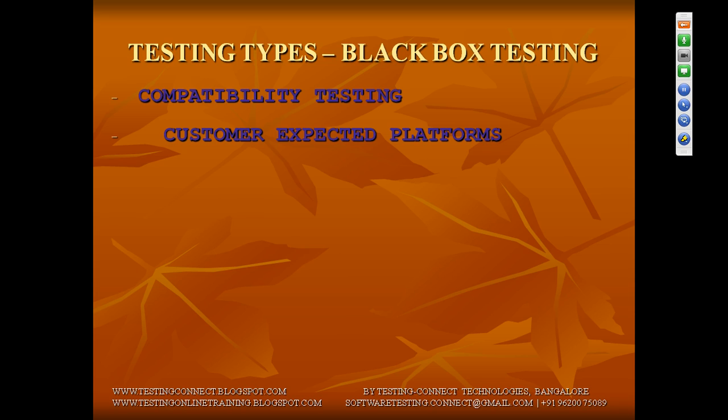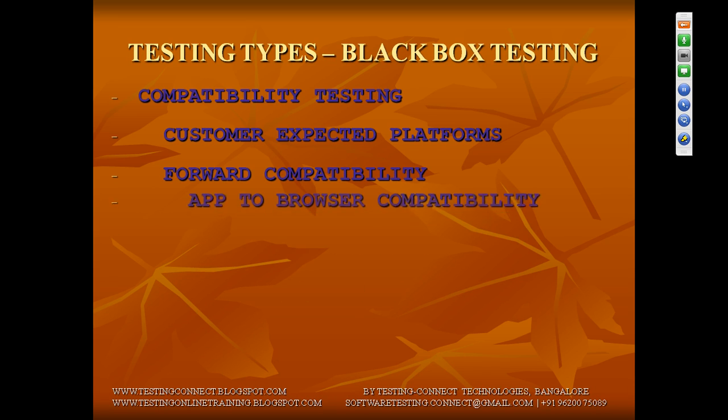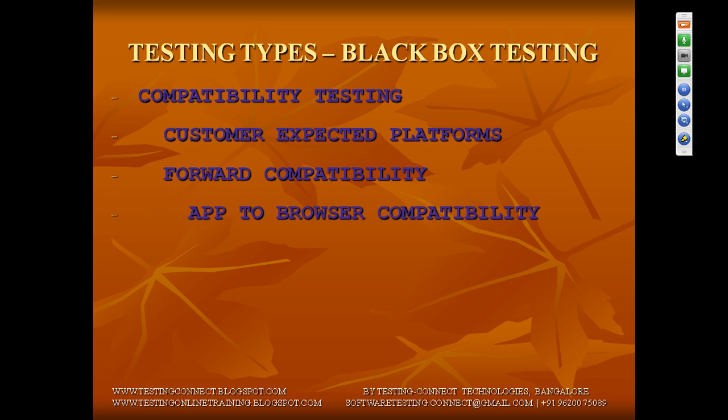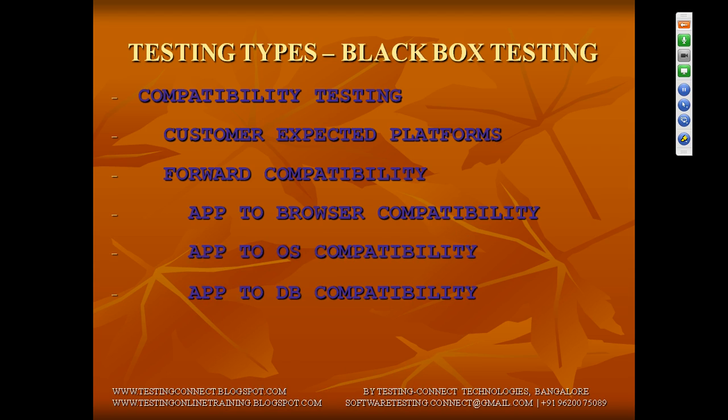So that is forward compatibility and backward compatibility you will come across. Under forward compatibility, three types of compatibility you will come across. Browser we told one thing, another thing is operating system, another thing is database. These three compatibility you have to validate.